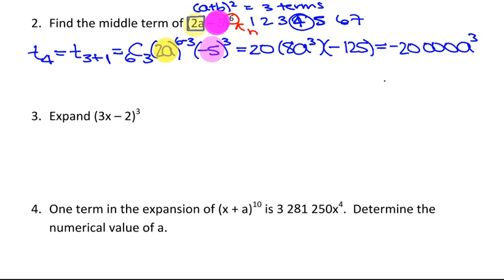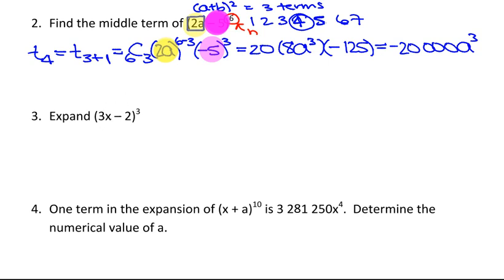And the next one, we are asked to expand 3x minus 2 all cubed. So now we're going to need to put together what we know about the exponents with what we know about what happens to our A and our B, or in this case, our 3x and our negative 2.